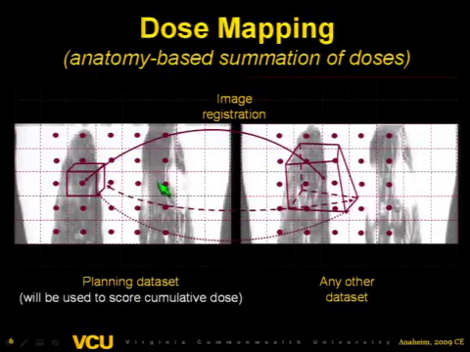And in order to perform such type of dose calculations, there are a number of steps that we have to follow. The first step, of course, would be to come up with a plan and do some dose calculation. But once these dose calculations are available on a number of data sets, the process starts by looping through the voxels from the planning or reference data set. And the first thing that we need to do is to figure out how these voxels deform during breathing.